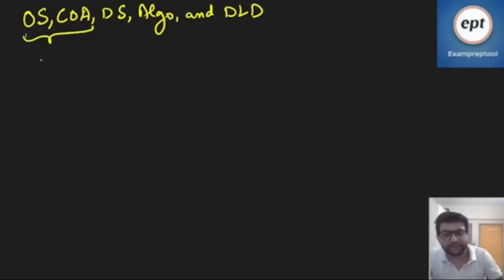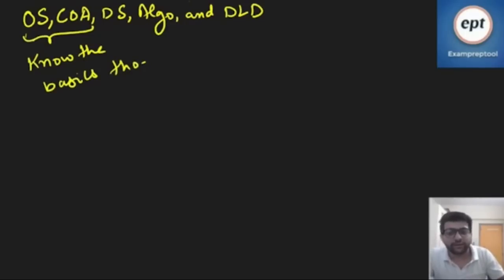However, these subjects are very easy to score if we know the basics thoroughly, right? So try to revise the concepts at regular intervals and solve each and every problem from this particular course. You can score almost full marks from these two subjects.